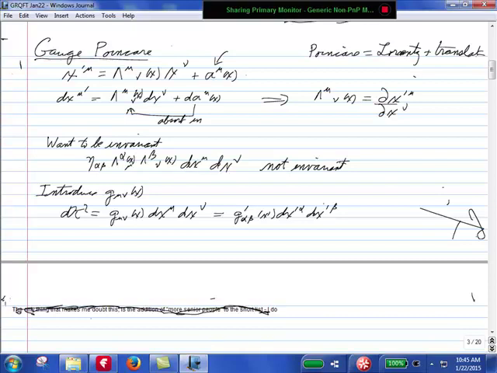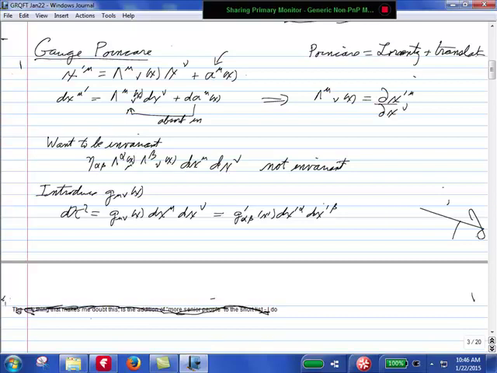So if we have G mu rho G rho sigma, inverse, is delta mu sigma. There we go. Those are the indices there. That's one of the properties that we did for the metric and its inverse.